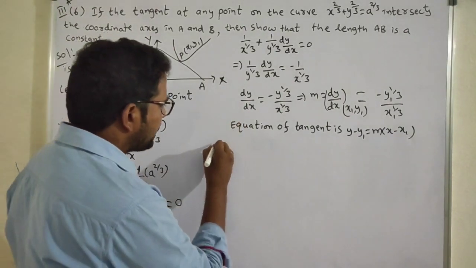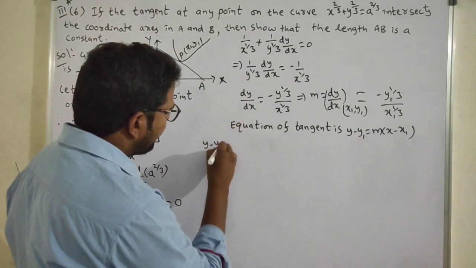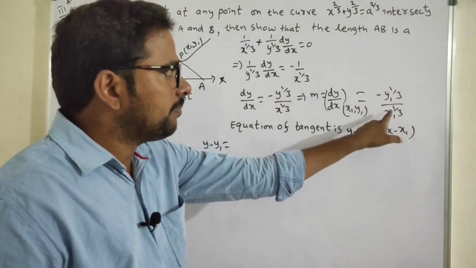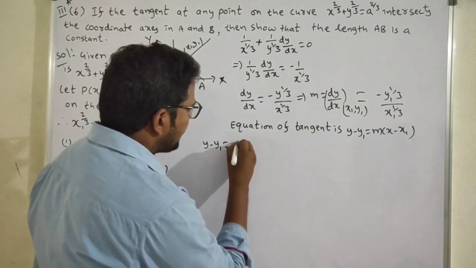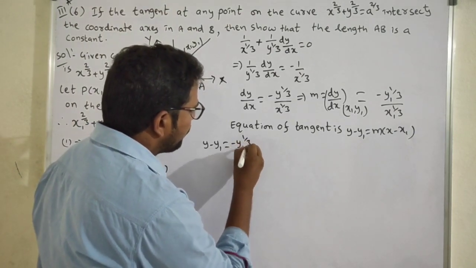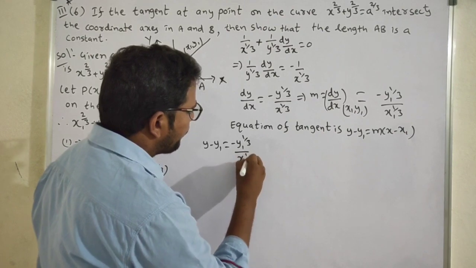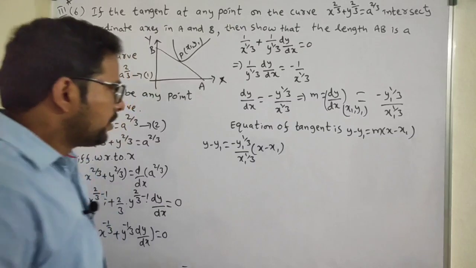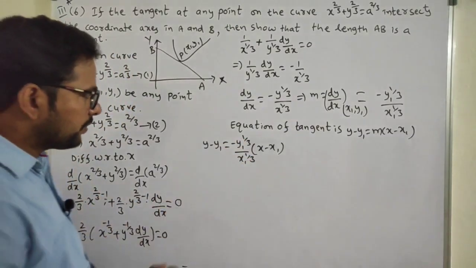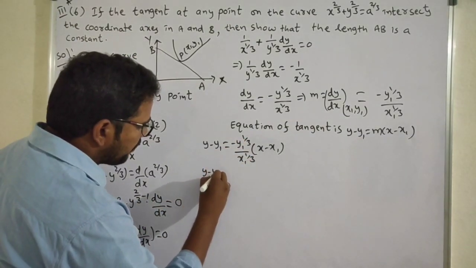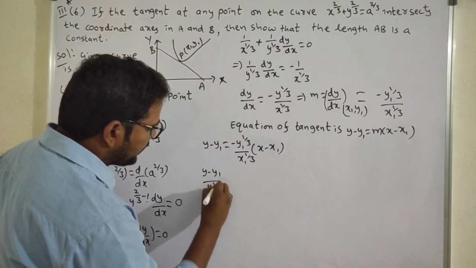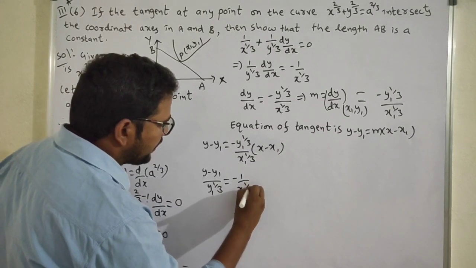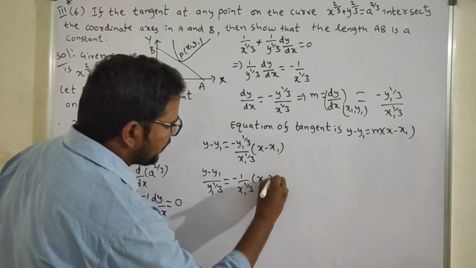Substitute values. y minus y1 is equal to m, the slope, minus y1 power 1 by 3 by x1 power 1 by 3 into x minus x1. Send y1 power 1 by 3 to the left side, it gets divided. y minus y1 by y1 power 1 by 3 is equal to minus 1 by x1 power 1 by 3 into x minus x1.